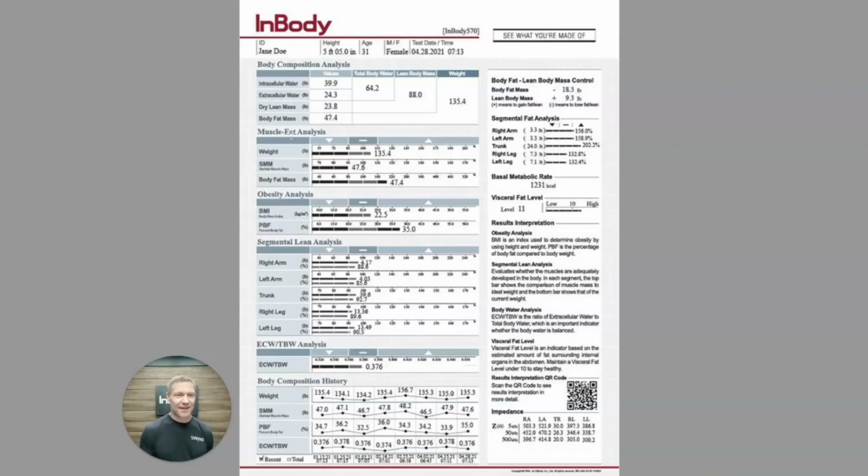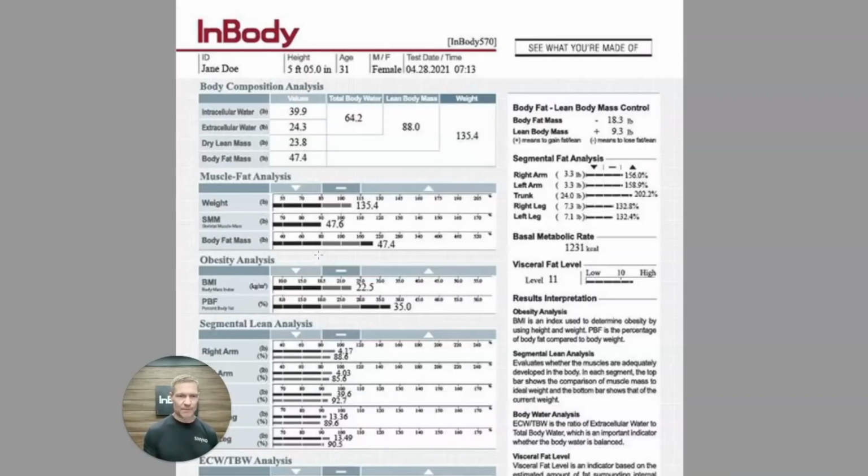Okay. Muscle fat analysis. I think this is a great opportunity for a visual. If we were to connect the endpoints here, again, we can see where this forms the letter C. My first goal for the people that we work with is to line these up and form the letter I. So when we read this result sheet, here's what it means. I'm going to zoom in just a little bit here.